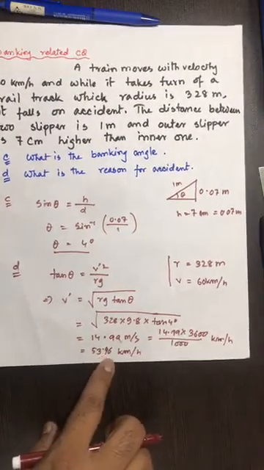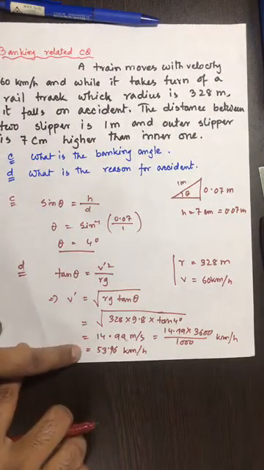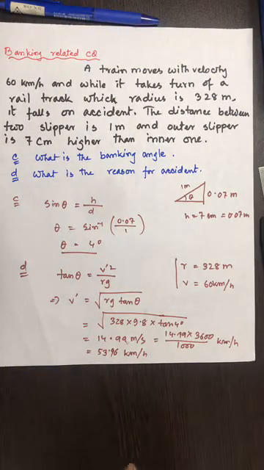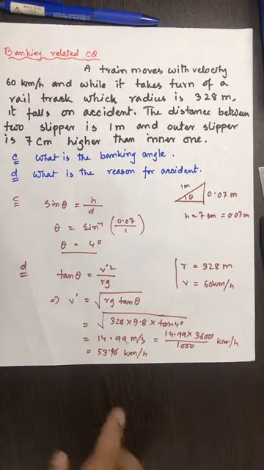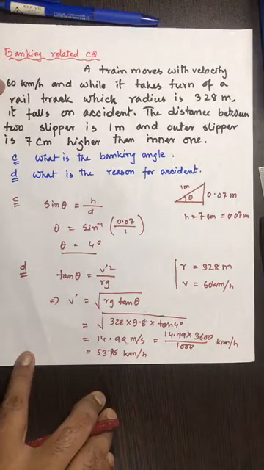If it is at a 4 degree banking angle, this train needs to move at 53.96 kilometer per hour. But we see that it goes at 60 kilometer per hour, so the accident happens at that time. Clear everybody?